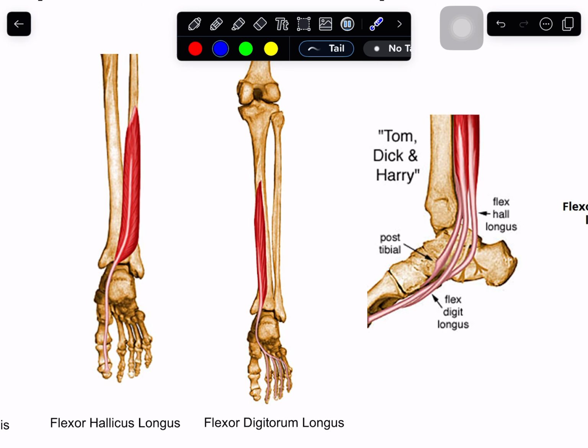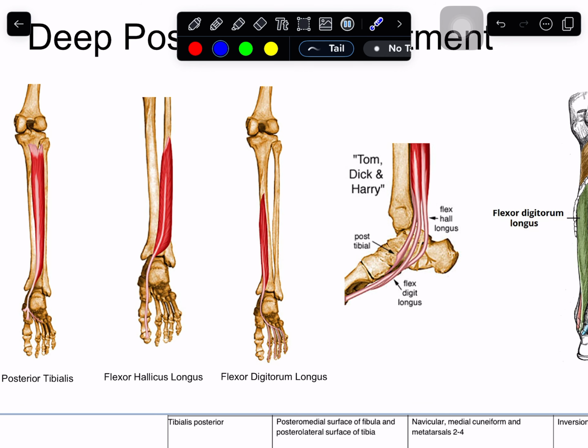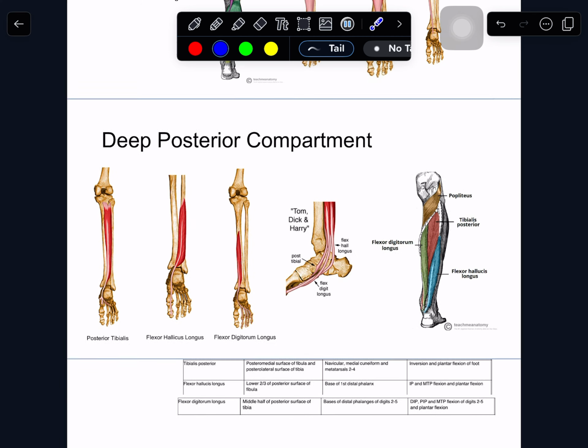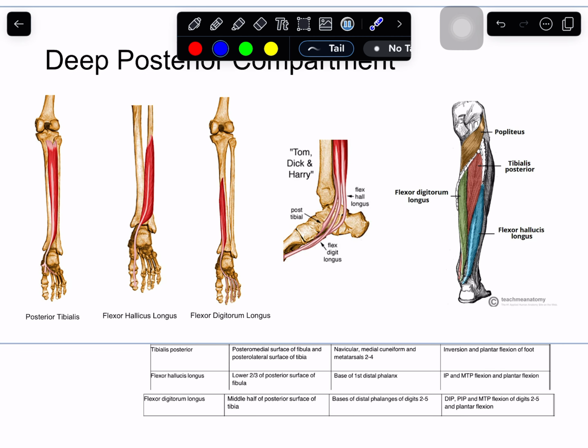So this is going to come from the posterior middle third of the fibula and then run down into the plantar aspect of the distal phalanx of the first digit, or the first toe, right, the hallucis. So that means, if we are on the distal phalanx of the first digit, on the plantar side, this is going to help with some dorsiflexion of the ankle. But again, its main job is going to be to flex that big toe down. So to curl that big toe down for us.